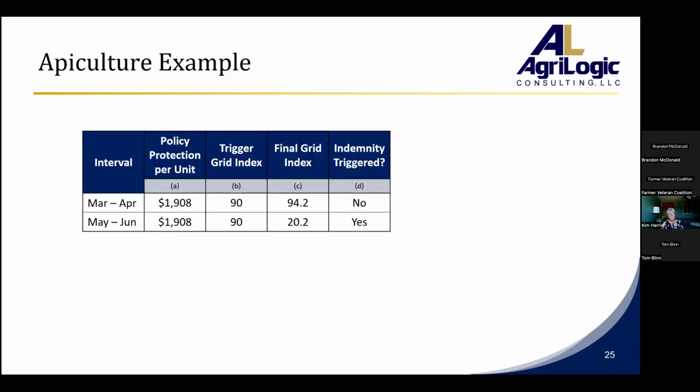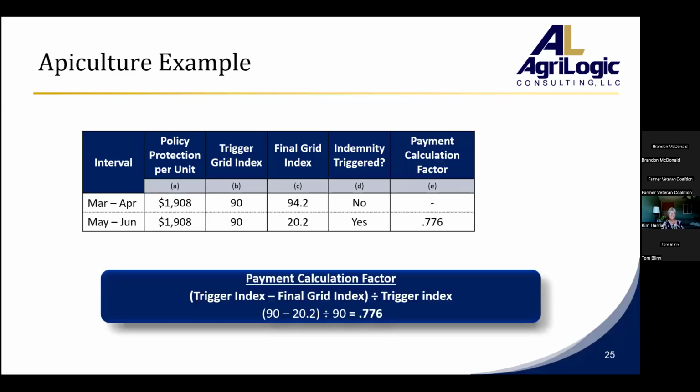So how much are we going to get paid? I apologize, this is the previous slide. We're going to do our calculation factor on the second interval. So we take our trigger grid index of 0.9 minus the final grid index that was published of 0.202.